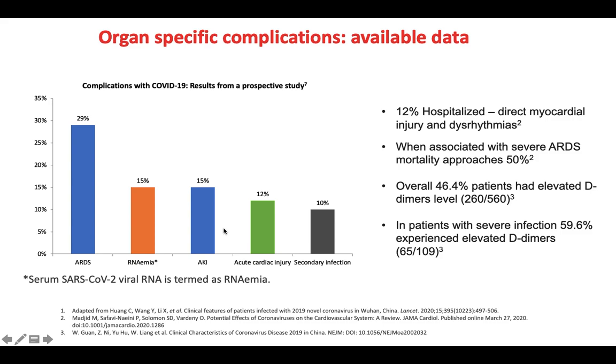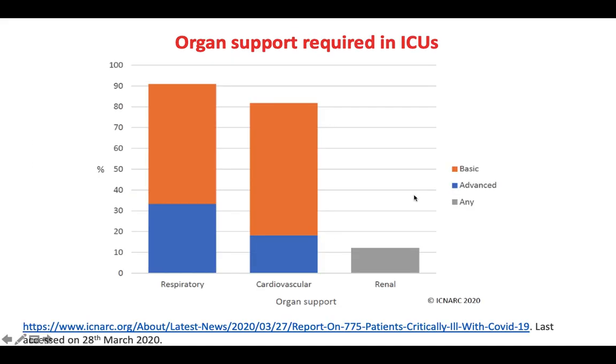Acute kidney injury incidence has been variably described from about 4% to 15%. Cardiac injury, which I told in terms of myocarditis and arrhythmia, can happen in about 12% of patients, and other secondary infection, particularly gram negative bacterial infection, can happen somewhere between 8 to 10%. So this is the organ support required. Respiratory advanced support in terms of mechanical ventilation was required more compared to cardiac advanced support.